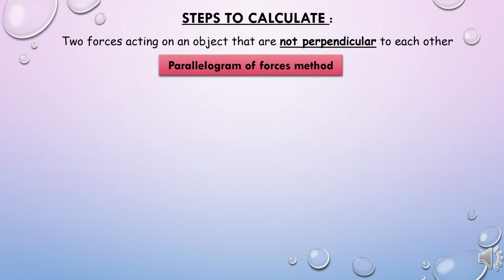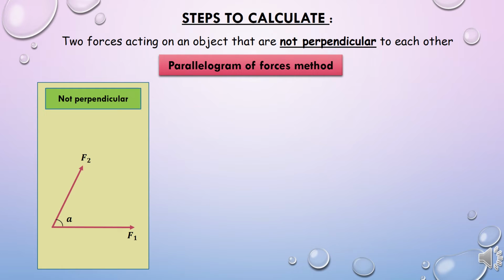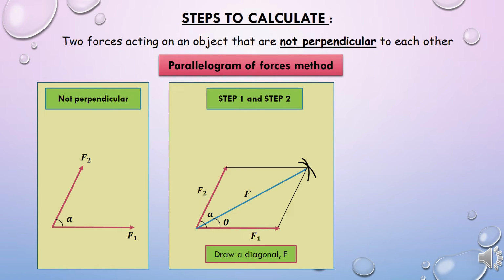Okay student, let's proceed to the second method. The first image shows two forces that are not perpendicular to each other. Step 1. By using a ruler and protractor, draw F1 and F2 from a point to form two adjacent sides of a parallelogram.